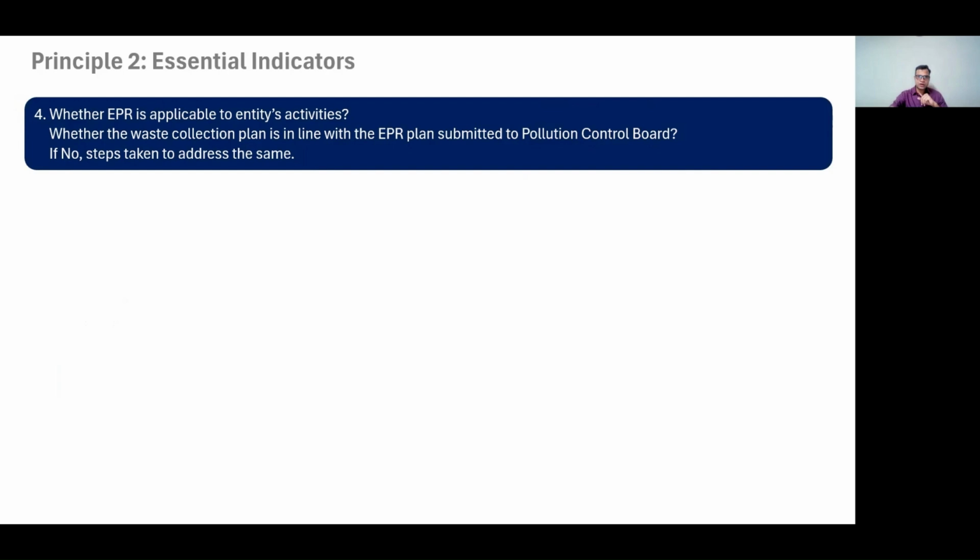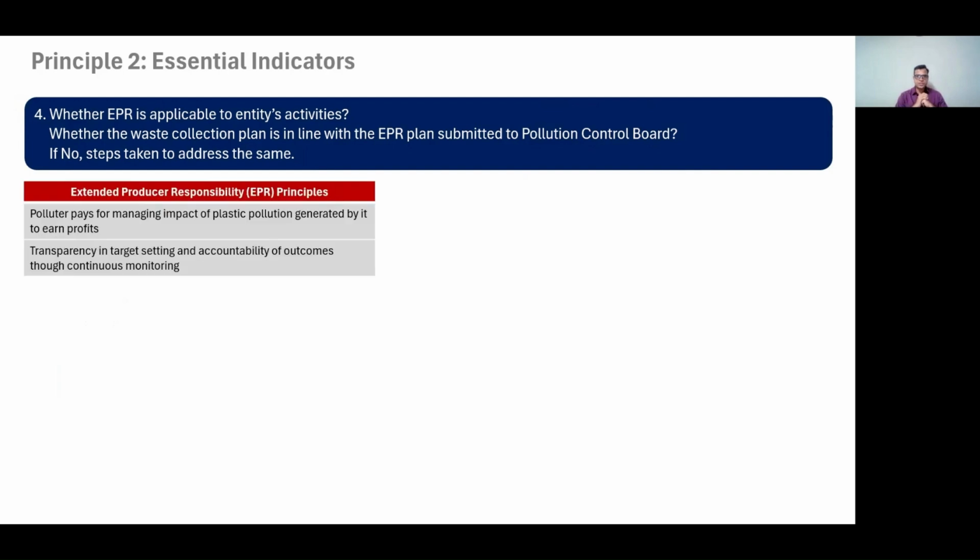So the principle of extended producer's responsibility is that the polluter should pay for managing the impact of plastic pollution which was generated by it to earn profits. The company, by selling its product in plastic packaging, created plastic pollution.